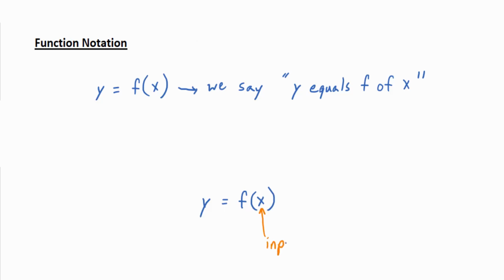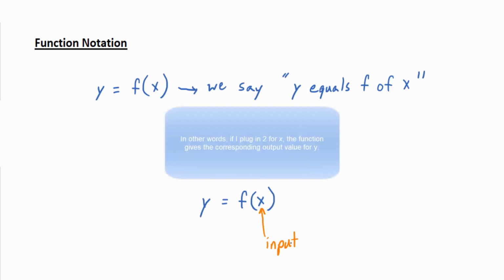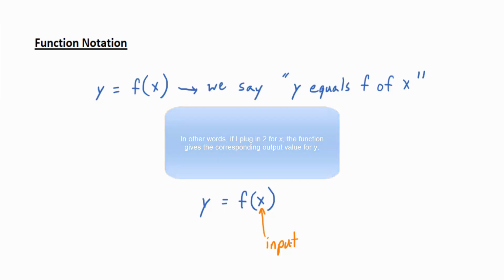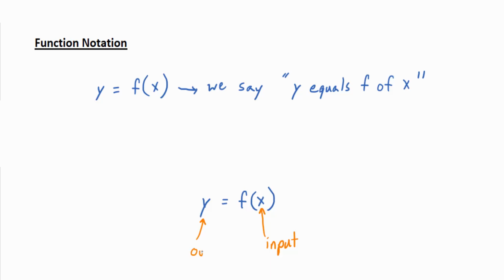X is a generic representation of the input, right? It's the independent variable that represents the input. I will change x to something particular, like f of 2. And what it does is it tells you what to substitute in for x in your formula, or it tells you to look at your listing of ordered pairs and find the y value that goes with a certain input value. So it's a shorthand way to denote the input and the output.